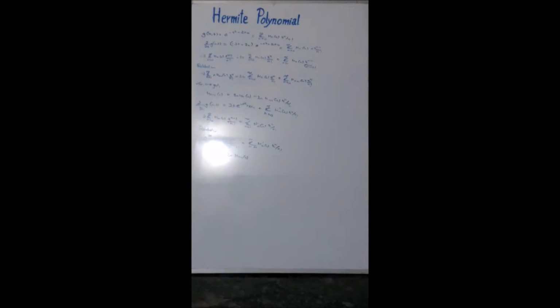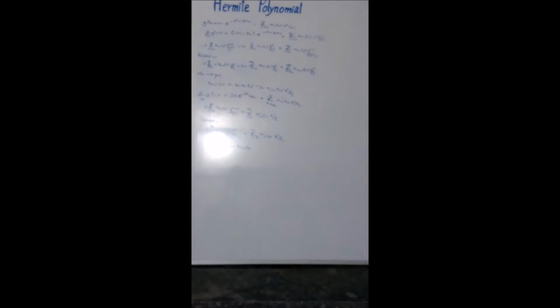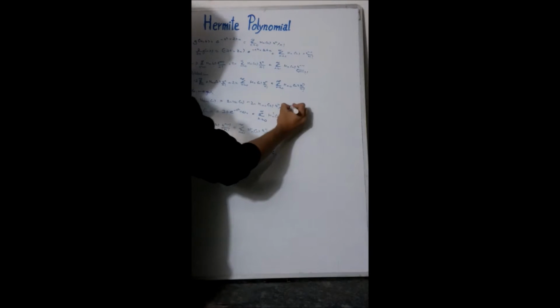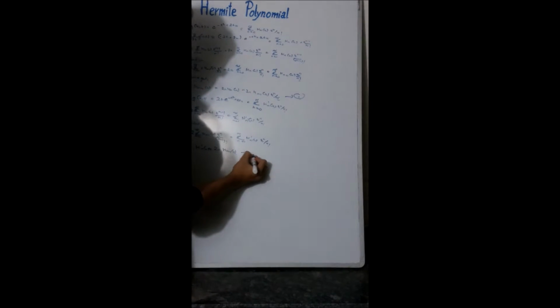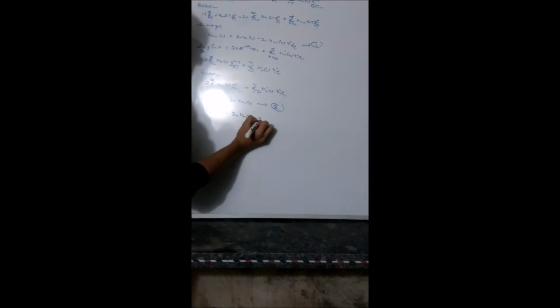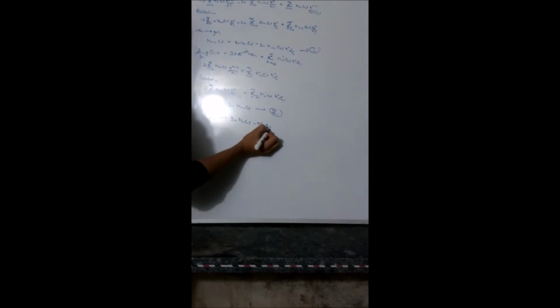Now we can use these recurrence relations to derive the Hermite differential equation. From 1 and 2, we get H_(n+1)(x) = 2x H_n(x) - H'_n(x).